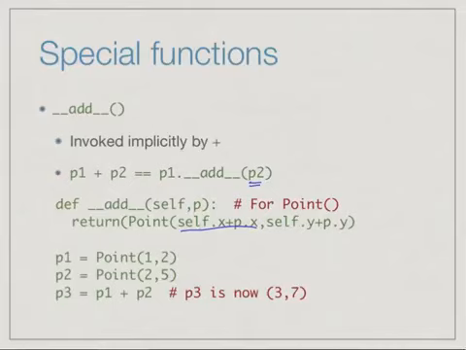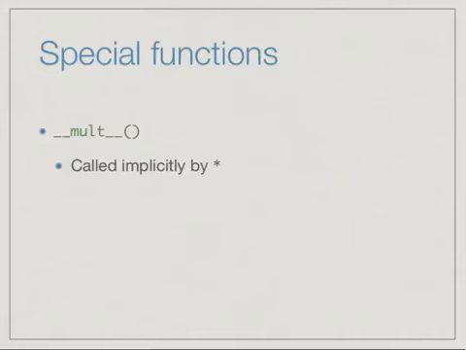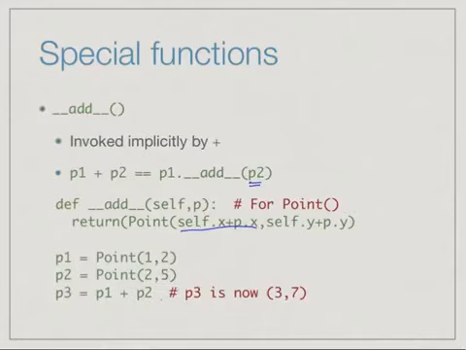So I can look at the values of p and say p.x, p.y. I can look at my values and say self.x, self.y, and now I can combine these by creating a new point, self.x plus p.x and self.y plus p.y. So for instance, if we have two points at 1, 2 and 2, 5, then this will return a point at 3, 7, and I must store it in a new point. So p3 now becomes a new point whose x coordinate is 3 and y coordinate is 7.